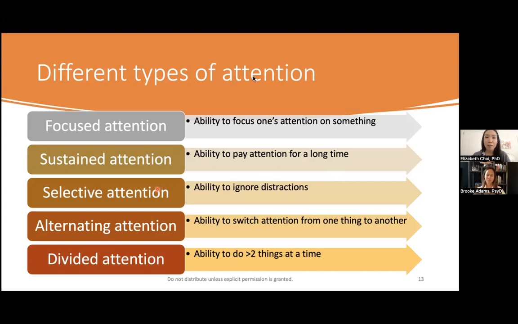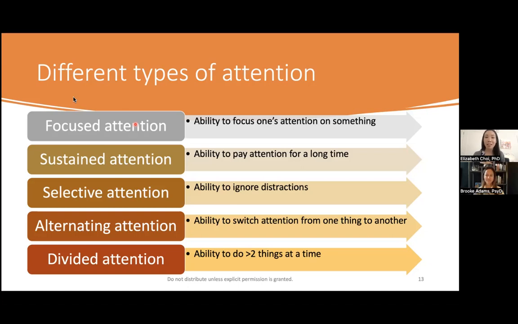So this diagram presents attention from the basic level to more complex attention levels. So at the top here in this gray box, focused attention means the ability to focus one's attention on something. So for example, right now, while we're attending the webinar, are we looking at the computer screen, right?